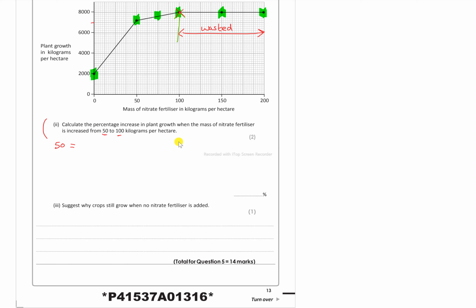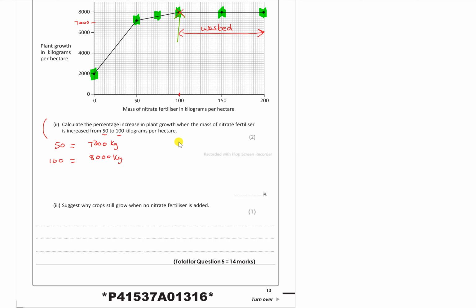So look, that there is 7,000. So it's 7,000 kilograms, and then when they go to 100, it goes to 8,000. Oh, 7,000, sorry, 200. And it goes to 8,000 kilograms.